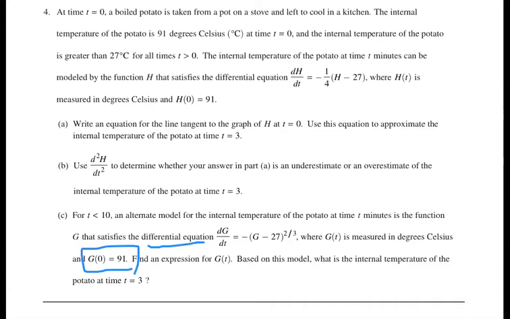So in other words, we're supposed to solve for G. So we have to separate variables. On the dG side, we need to divide by (G minus 27) to the 2/3 power.